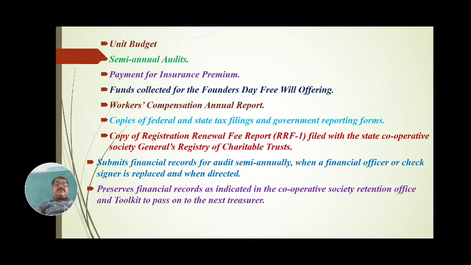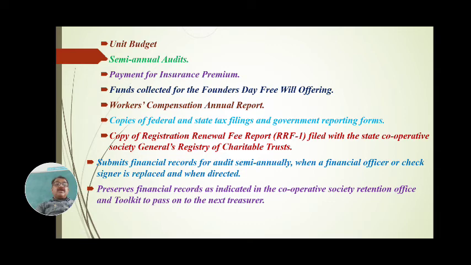Copy of registration renewal fees, copy of submission of rent of water bodies, copy of registration renewal of cooperative society first and second, filed with the state cooperative society, general registry of charitable trust. All these duties and work are to be performed by the treasurers.